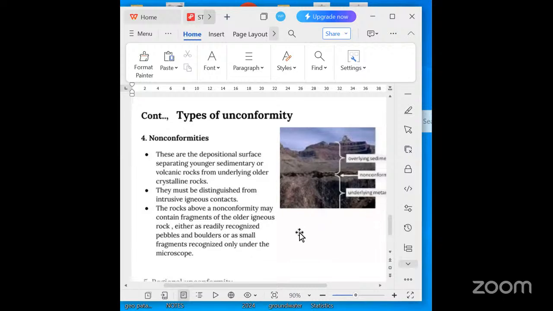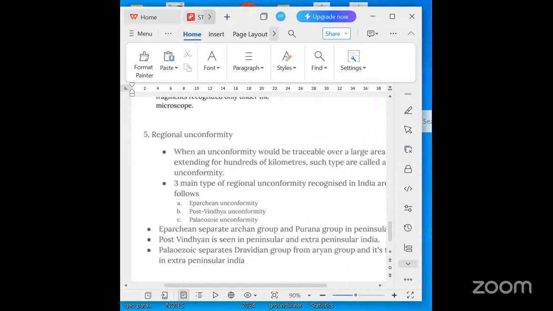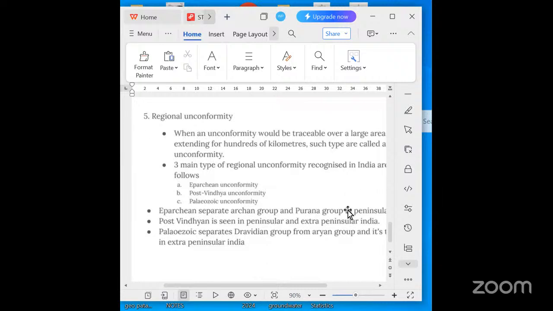The rocks above a non-conformity may contain fragments of older igneous rocks, either as readily recognizable pebbles and boulders or as small fragments recognized only under the microscope, right? Next one is regional unconformity.